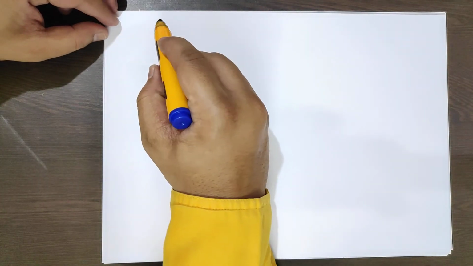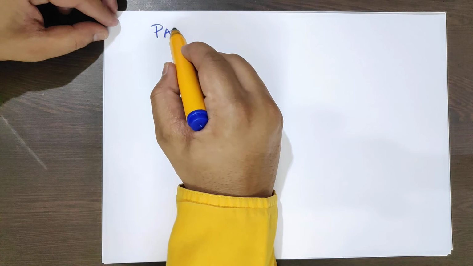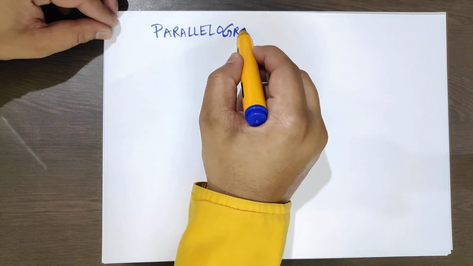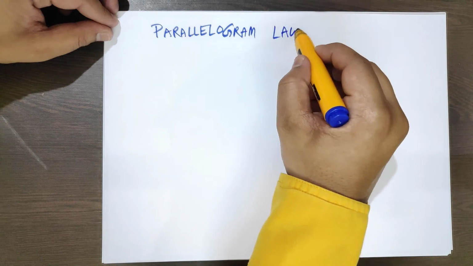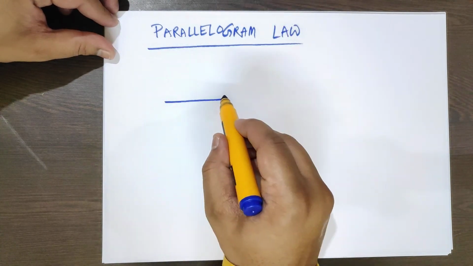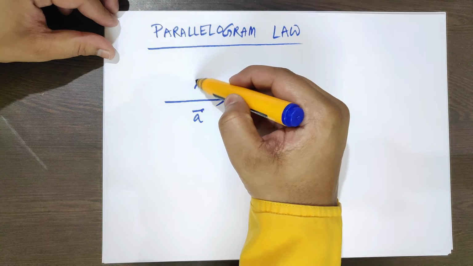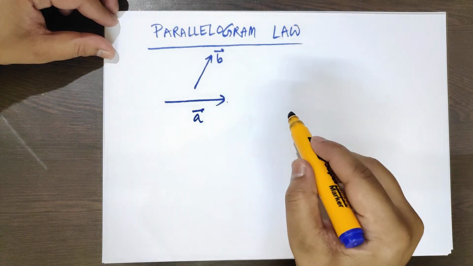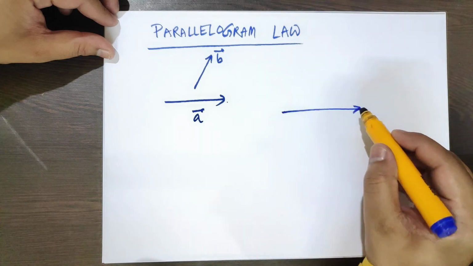Now we'll discuss one more law to add two vectors, that is the parallelogram law. In the parallelogram law, suppose these are two vectors A and B you have to add. Instead of joining head to tail, you join tail to tail.